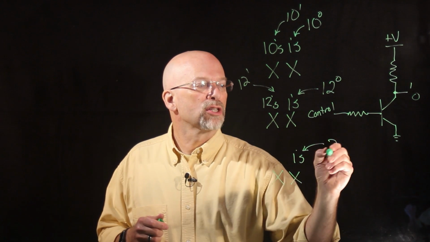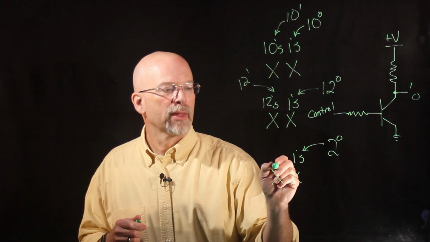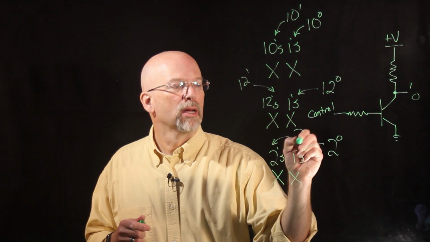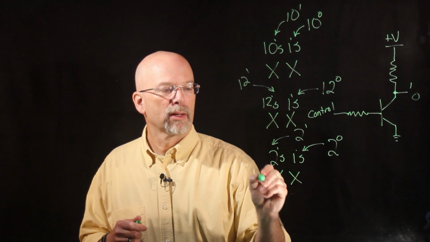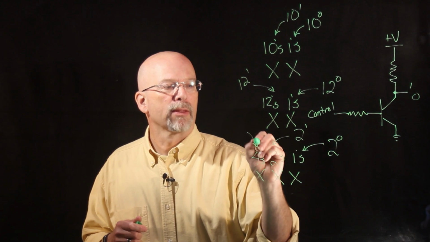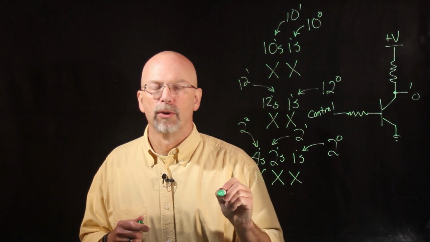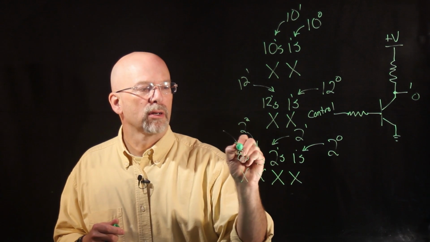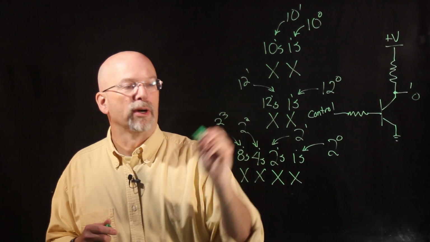This is the 2 to the 0 position. This position right here is the 2's place, so to speak, 2 to the 1 position. This position right here is the 4's place, representing 2 to the 2. This position right here is the 8's place, 2 to the 3.